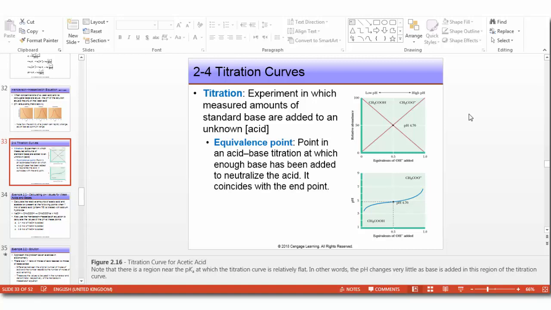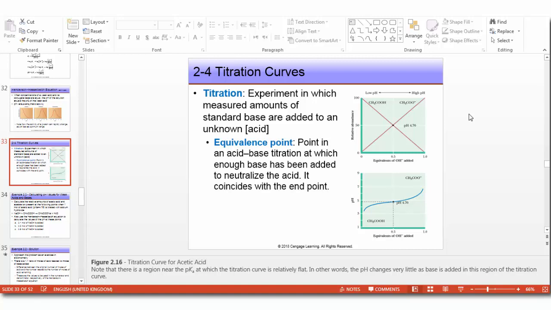Now in aqueous solution, the relative concentrations of a weak acid and its conjugate base can be related to the titration curve of an acid. So titration is an experiment in which measured amounts of a standard base are added to an unknown concentration of an acid.